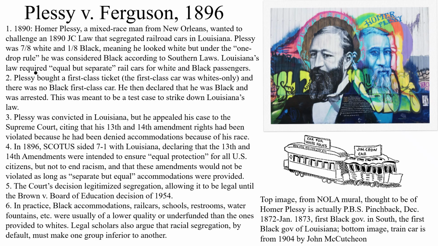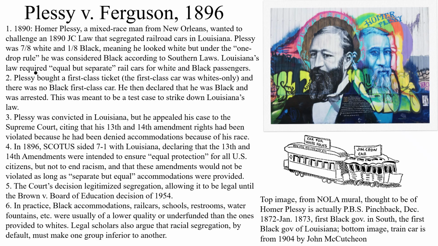They declared that the 13th Amendment was really just about ending slavery, and they declared the 14th Amendment was not intended to ensure social equality. It was really not there to end racism as much as it was to ensure just very basic equal protection before the law. Basically, what they did was they really narrowed the scope of the 13th and 14th Amendments.